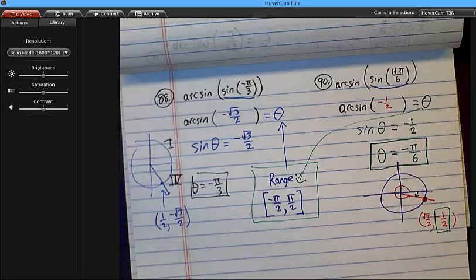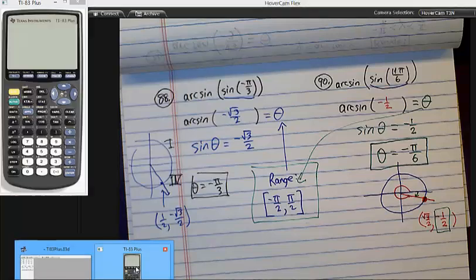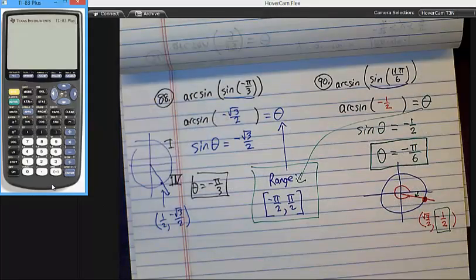Let's type inverse sine of negative 1/2 into the calculator. This is going to spit out the right answer, right? Boom.